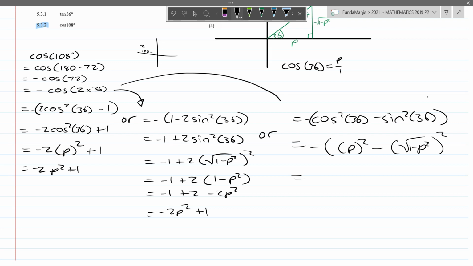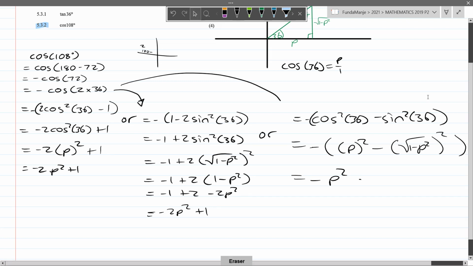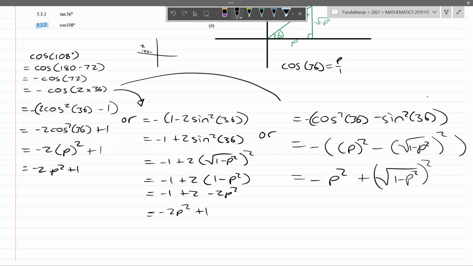You also return the same values from this. The square cancels the root, then we're left with minus p squared, and then this minus and that minus becomes a plus, and that would be plus 1 minus p squared.